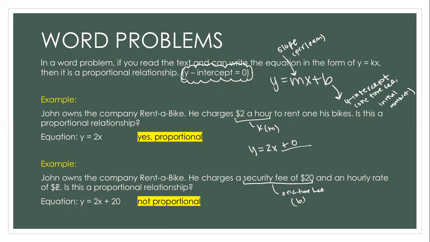In an hourly rate of $2, so each hour I'm paying $2. So there's my slope. Telling me this is not proportional. Why? Because it has a y-intercept of 20, not 0. So my equation is y equals 2x plus 20, where 2 represents my slope and 20 represents my y-intercept.